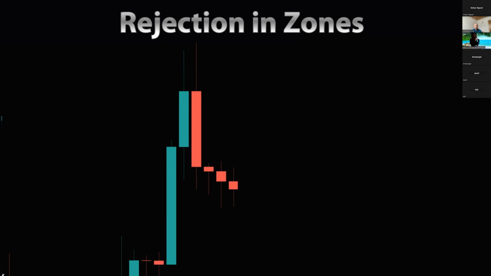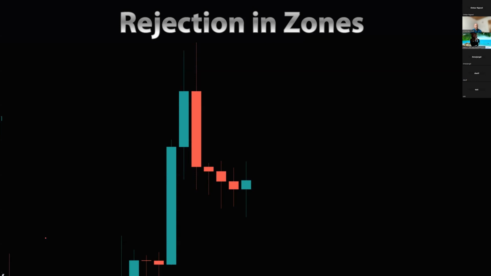Wow, it's a lot of waiting over here. Yes, now I have a support. Then I'm waiting for a confirmation candle, then I will take a buy. So you're going to wait for another candle after this. Yes.